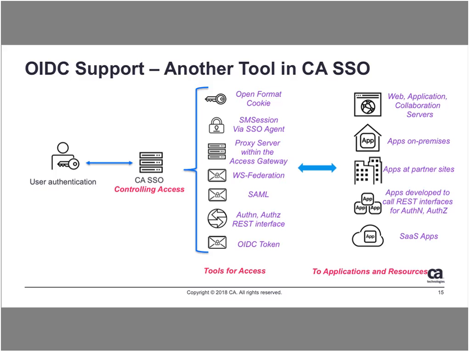Some of them are local to you, some of them are remote, whether they're SaaS apps or partner-based apps. And OpenID Connect, in our view, is simply another tool for enabling your ability to control that access.